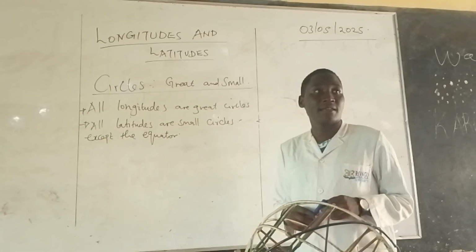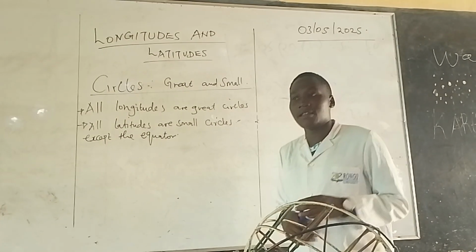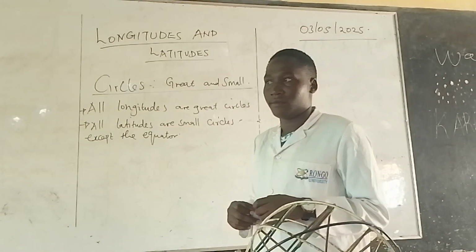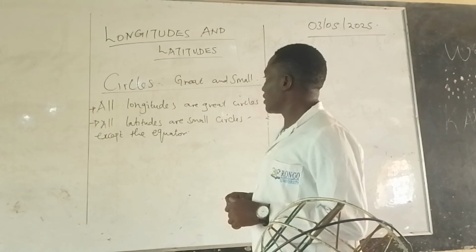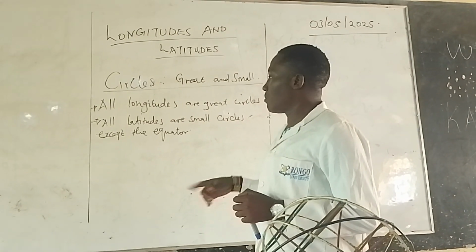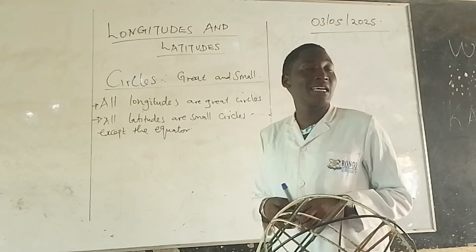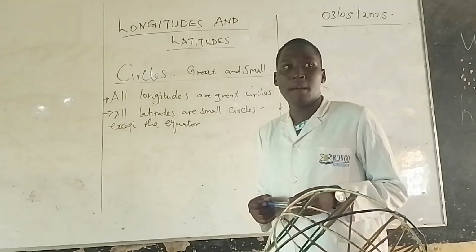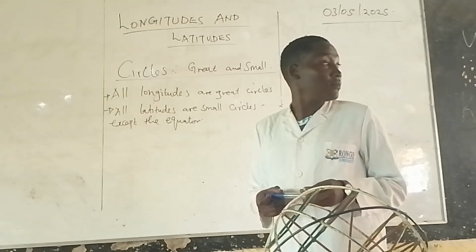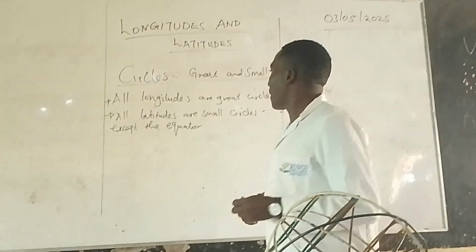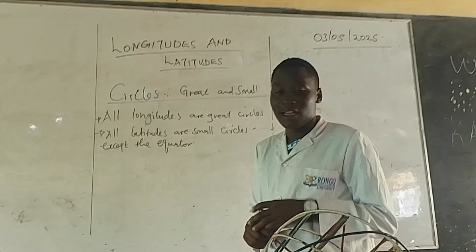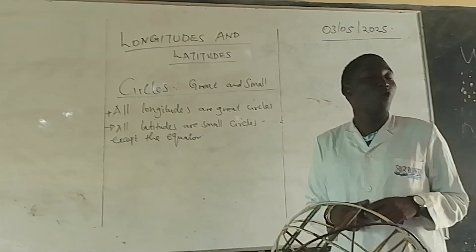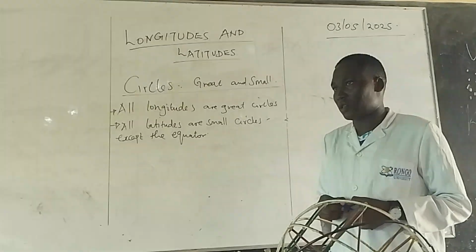It is a circle that divides a globe into two equal parts. When we say small circles, it means that it does not divide the globe into two equal parts. Now, we need to know what is a longitude and what is a latitude.